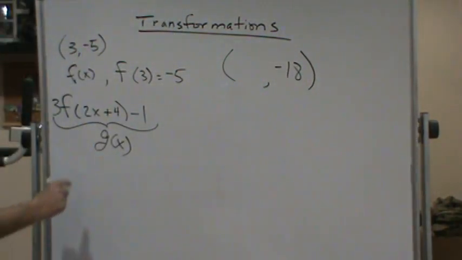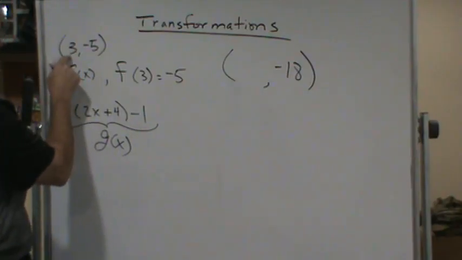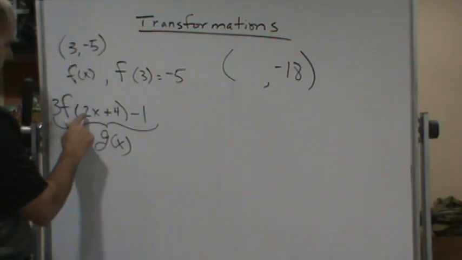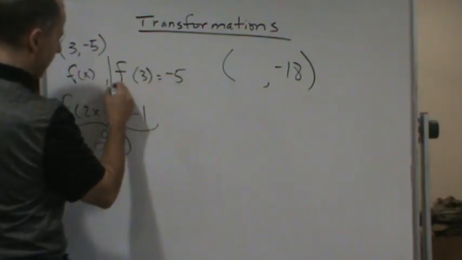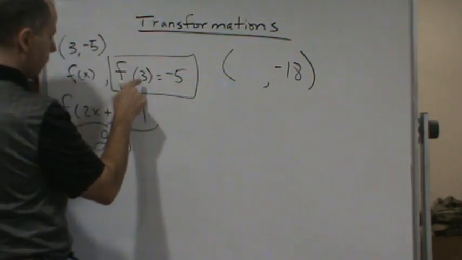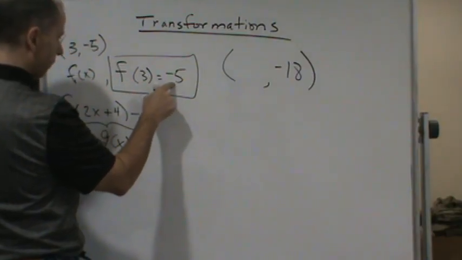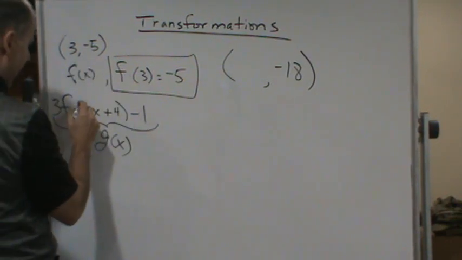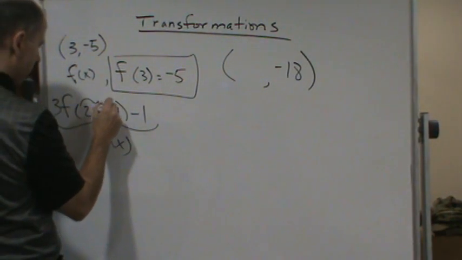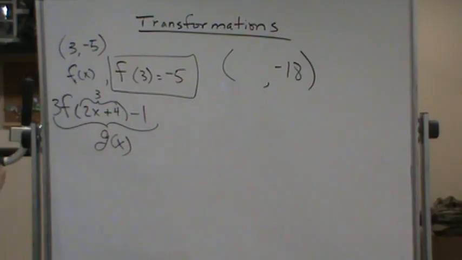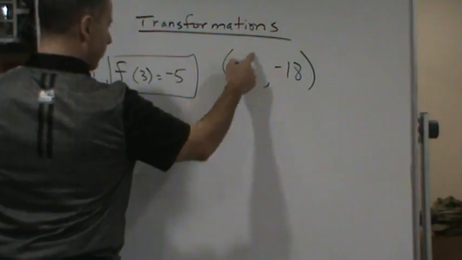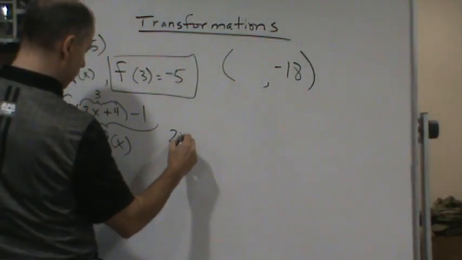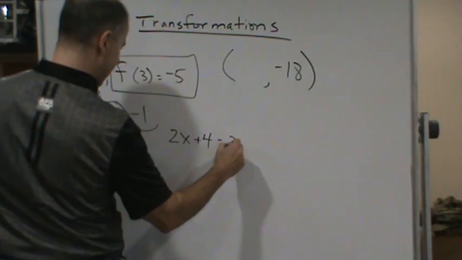Now, what about finding what happens to 3? Where does 3 move to? Well, this is where we use this information. We know f of 3 equals -5, so we know we start at 3. If the inside of f is 3, that has to equal -5. So if we want to know what this point is, all we do is take 2x plus 4 and set it equal to 3.